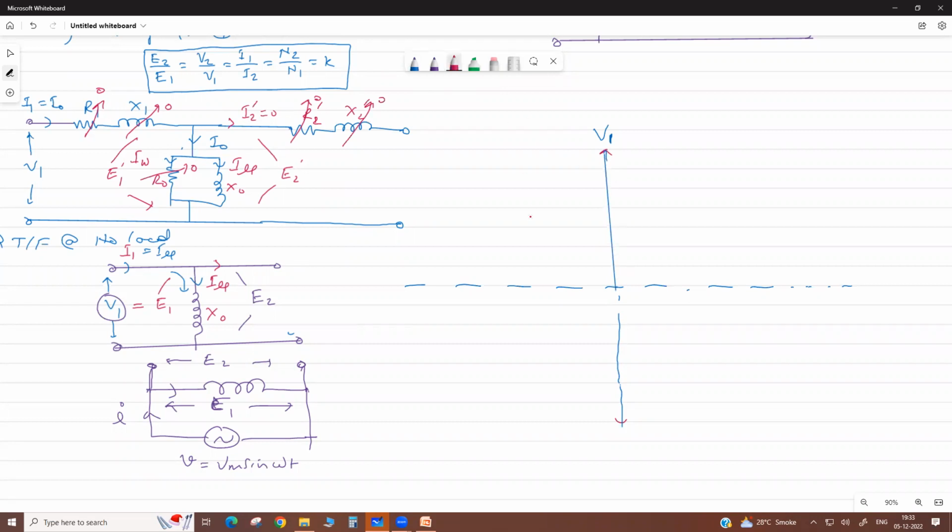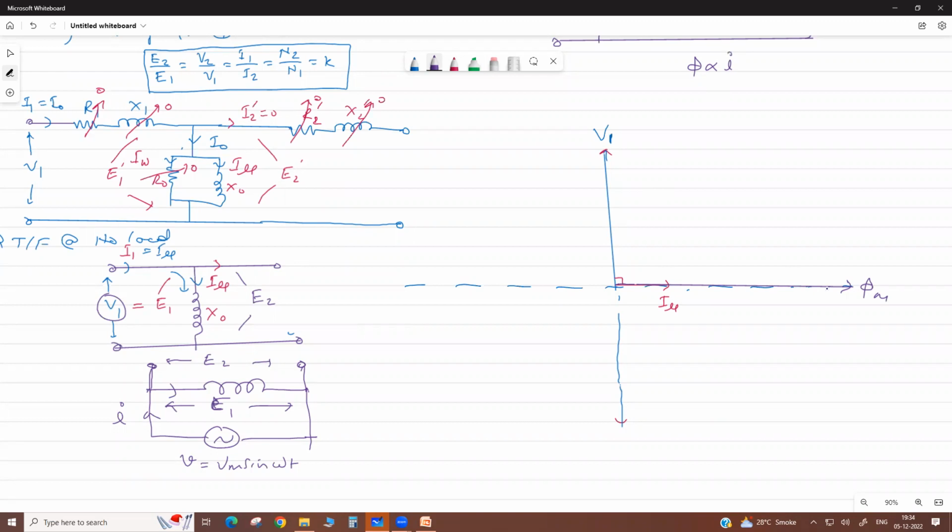Due to V1, the magnetizing current in the pure inductor lags by 90 degrees. The purpose of the magnetizing current is to magnetize the core and produce the flux. Flux is directly proportional to current, so this flux is on the same axis, in phase with the current.